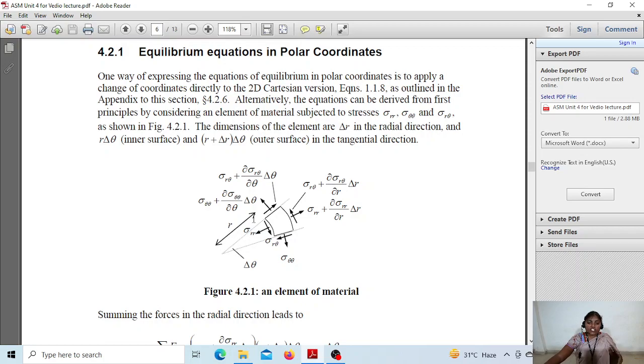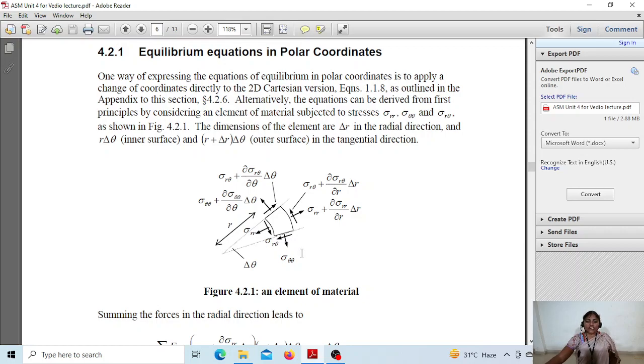Like our sigma x, sigma y, in the other direction you will have sigma theta theta. If sigma rr is like sigma x, then sigma theta theta is like sigma y. Sigma z is in the thickness direction. This is two dimensional, so you will have tau xy, that is sigma r theta.